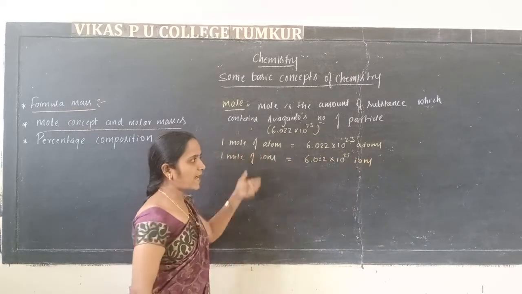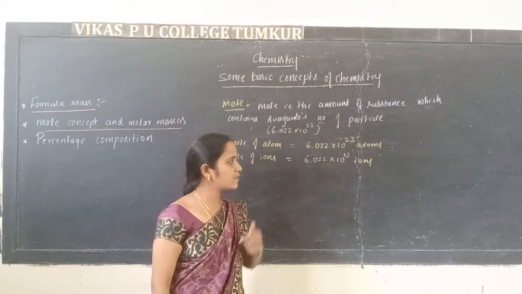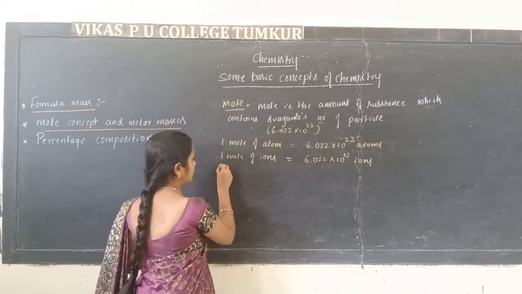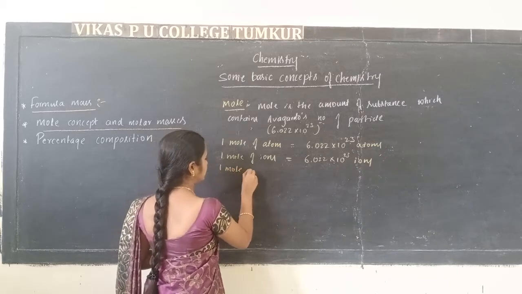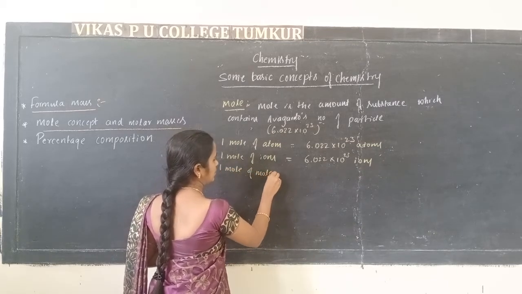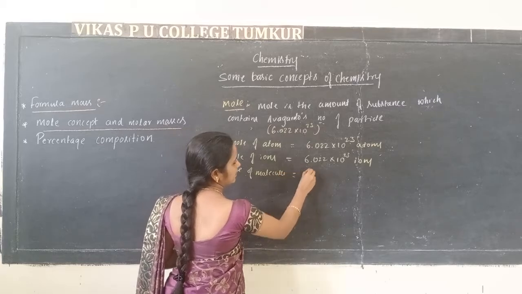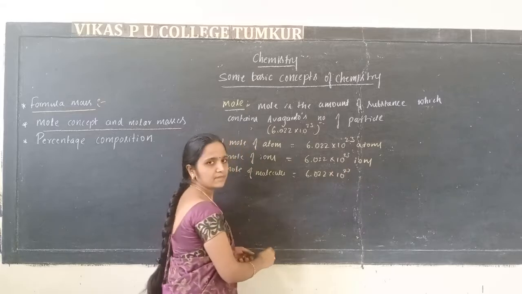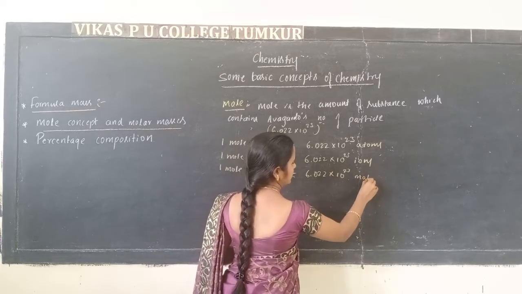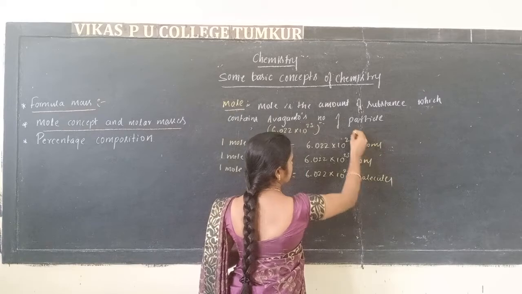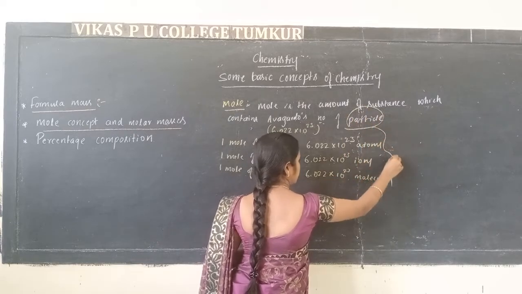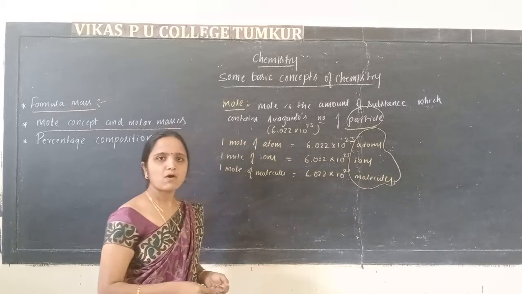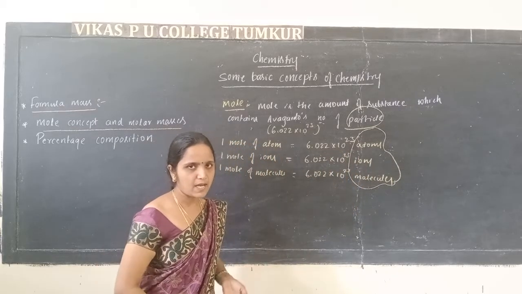If you take 1 mole of molecules, then we take 6.022 into 10 to the power of 23 molecules. Here the particles are nothing but these atoms or ions or molecules.